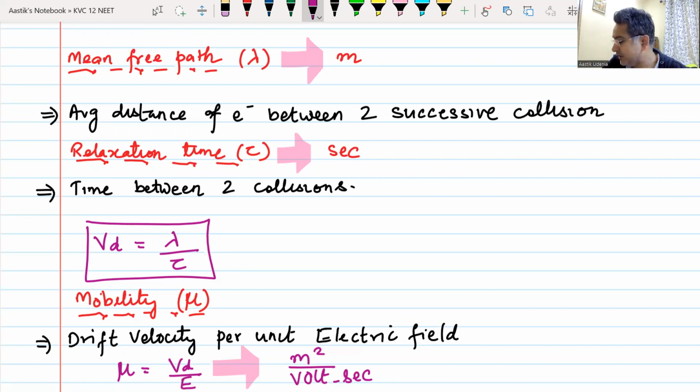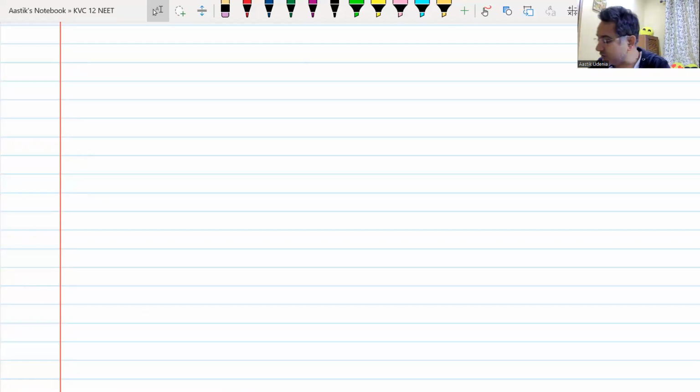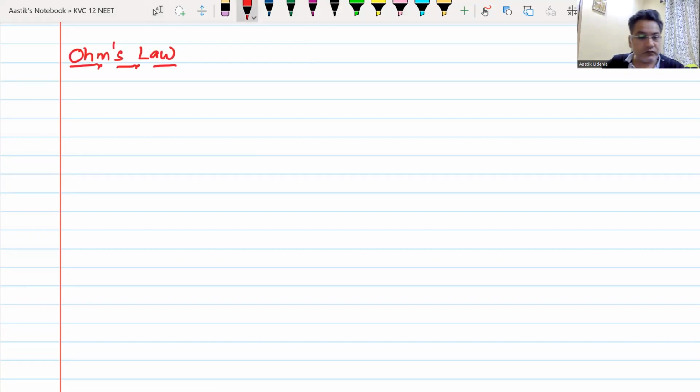We'll move ahead and we will write one of the most important headings of this chapter, and that heading is known as Ohm's Law. Have you heard Ohm's Law before?